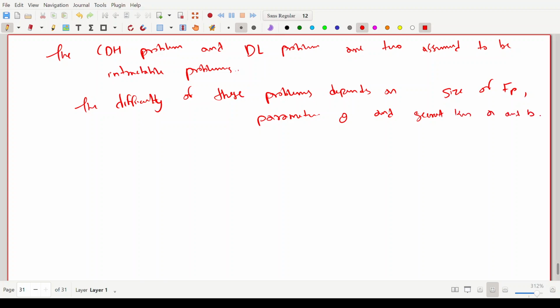So if you properly choose these parameters and the size of Fp, then this is intractable.